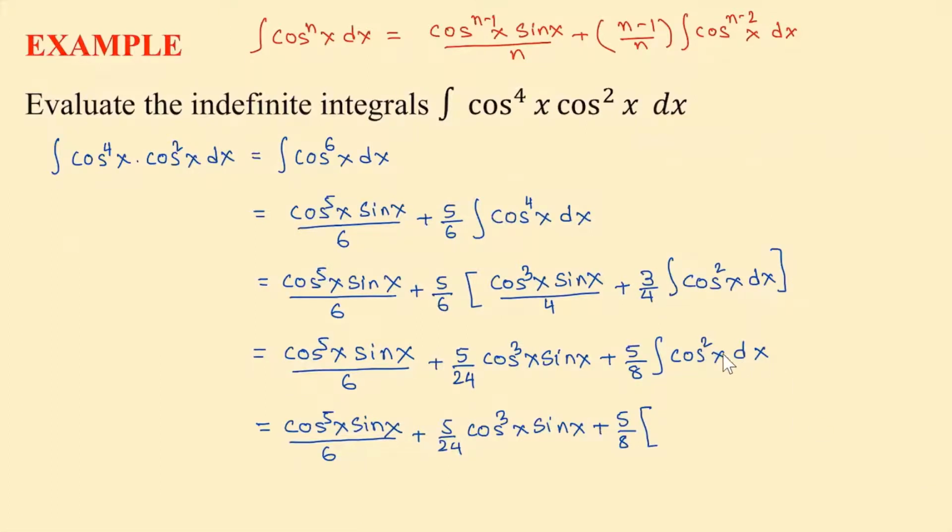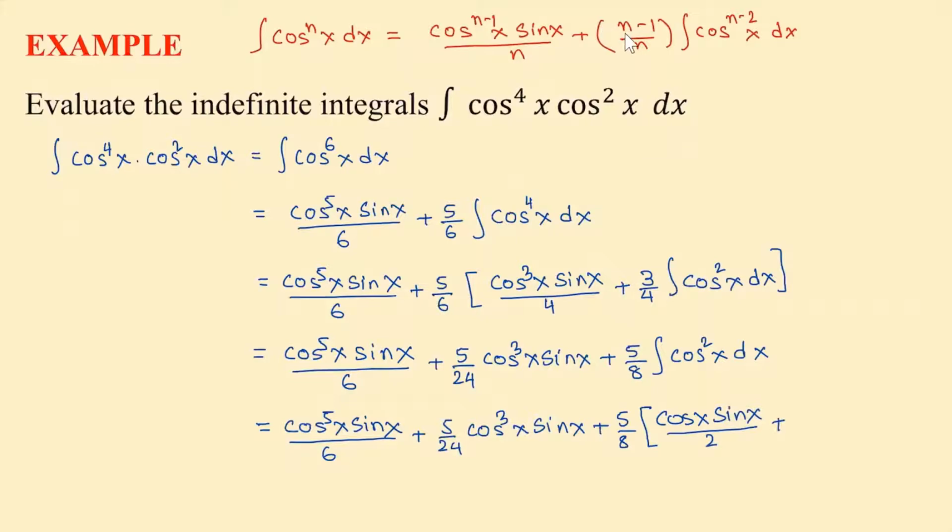I'm using the reduction formula with n equal to 2. So 2 minus 1 is 1, so cosine raised to 1, or cosine x. So it becomes cosine x sine x over 2.